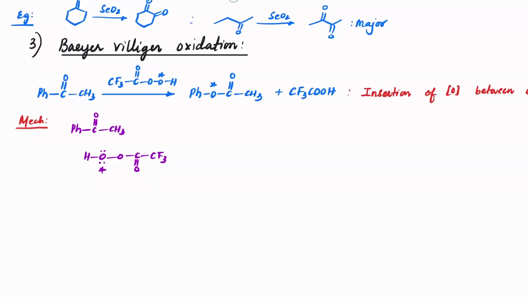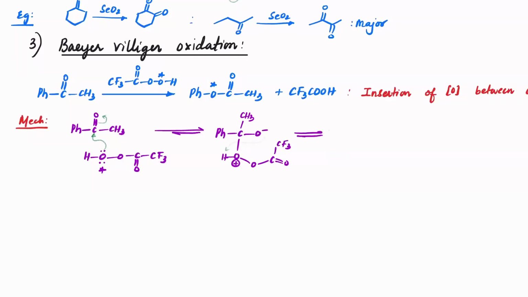Since it has localized electrons, chances are it will attack the carbon and the pi bond will shift here. On doing so, we will get PhC CH3 and O minus, and here it got connected with OH with O C double bond O CF3. Here it is plus. So obviously this minus will take away H plus from here.